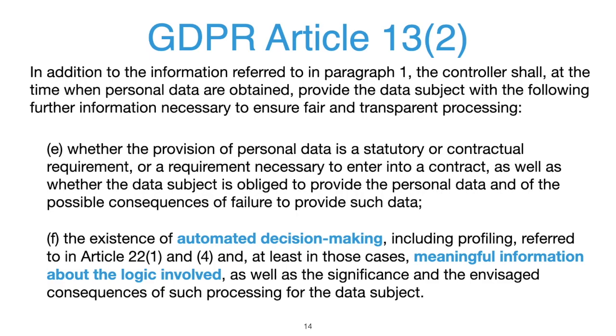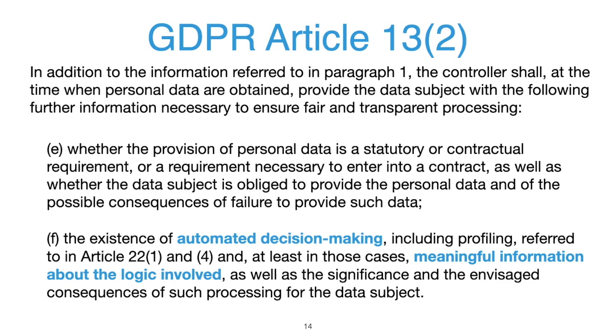The data subject must be advised whether the provision of the personal data is a statutory or a contractual requirement, or a requirement necessary to enter into a contract, as well as whether the data subject is obliged to provide the personal data. So, does the data subject have to give the data, or is it just optional?